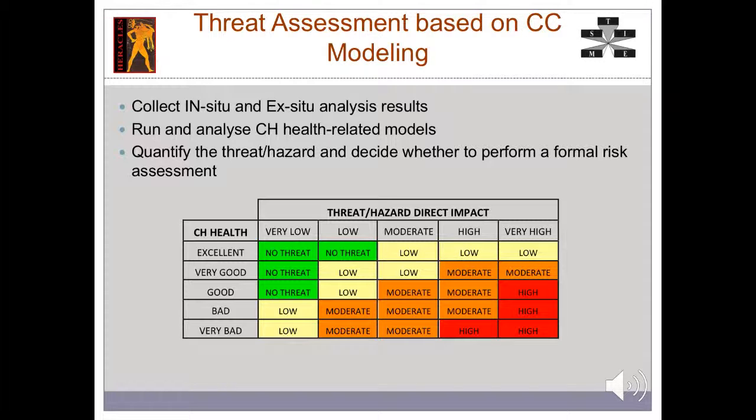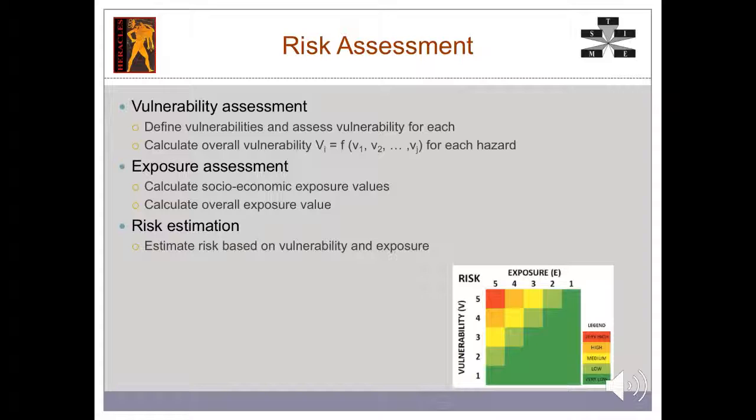This is the cultural heritage table that I just mentioned, and it shows the correlation between health and direct impact. Now, the next step is risk assessment, and this is based on assessment of vulnerability.